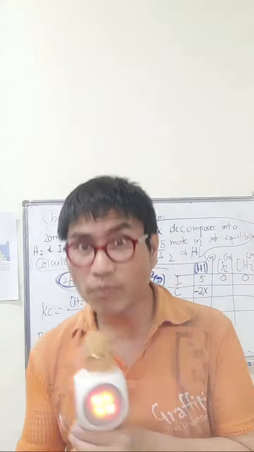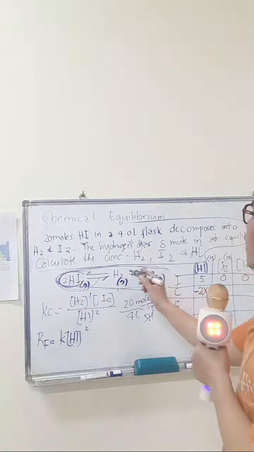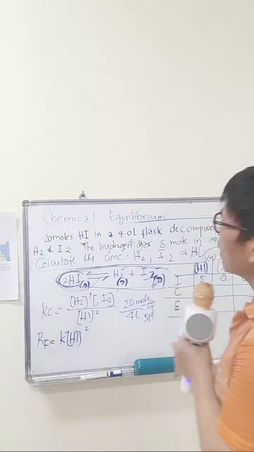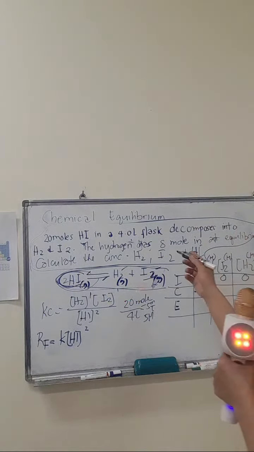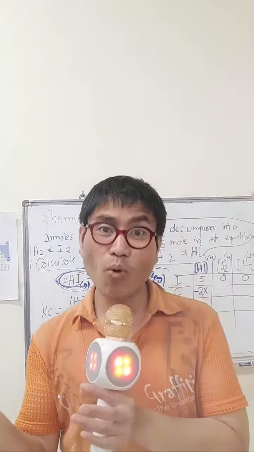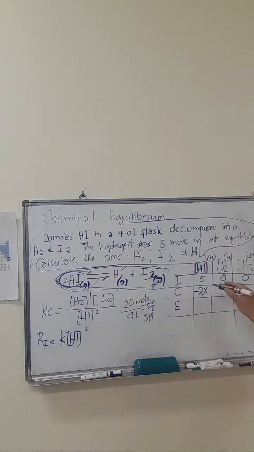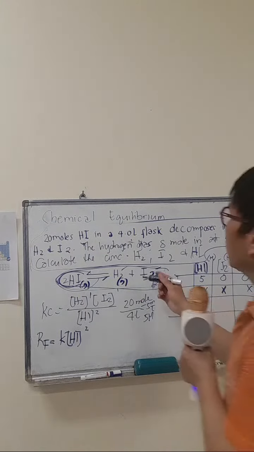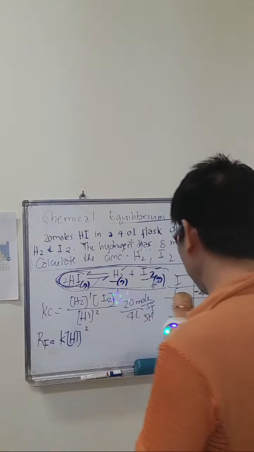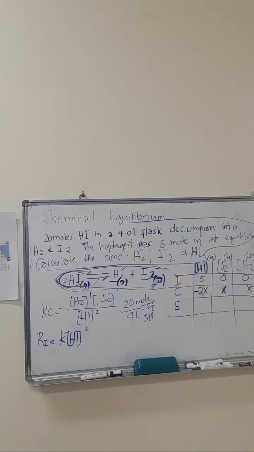So it becomes negative. It will be given to H2 and I2 in the chemical reaction, so H2 and I2 will be positive. They will receive the concentrations coming from the HI. So it's going to be negative 2x and then x and x, because we don't really know the change in concentration of H2 and I2.